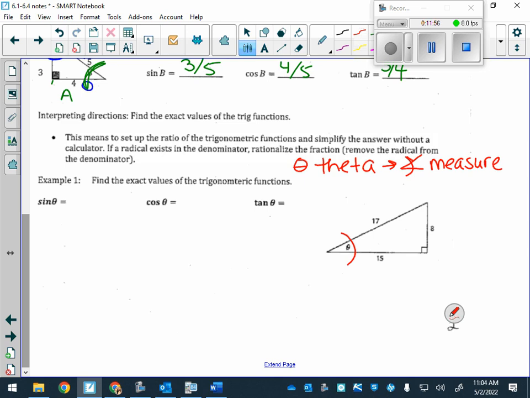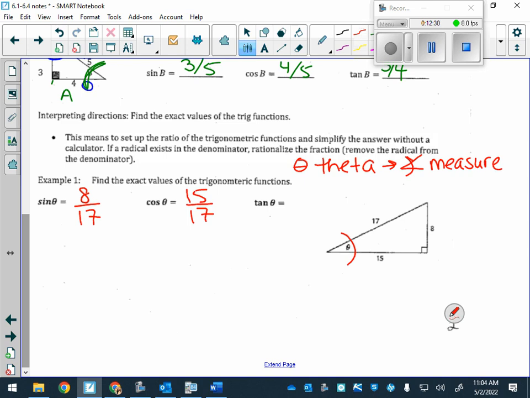So now, going from theta here, what is the sine of theta? Gavin. Good. 8 over 17. Excellent. The cosine of theta, Finn. Good. 15 over 17.